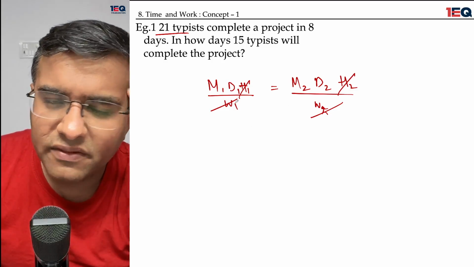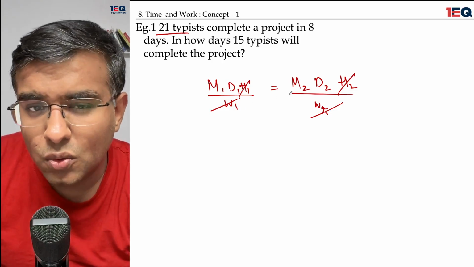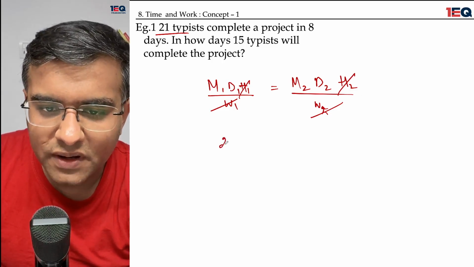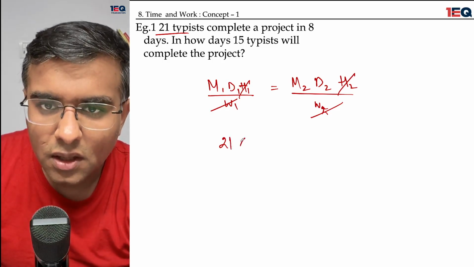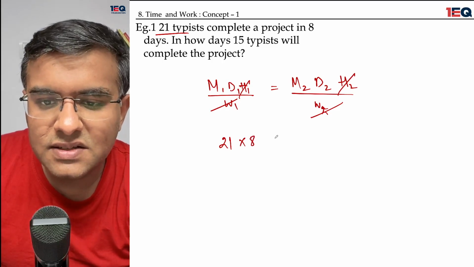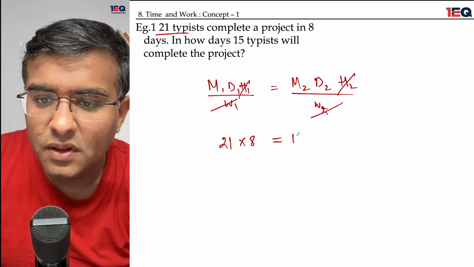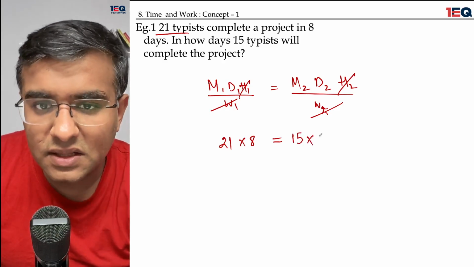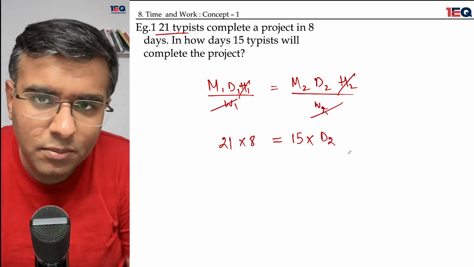Okay, so what do I have? Men 1 day 1 is equal to men 2 day 2. So I have 21 typists in party 1 multiplied by the 8 days that they spend together to finish the task, which is going to be equal to the 15 typists in the second party multiplied by the number of days that the second party takes.